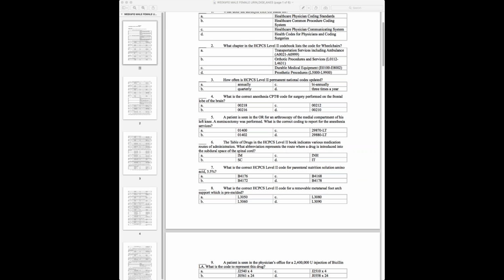Number 18, moving on. This one, I remember us going through that, right? So we spoke about the tonsils and adenoids and making sure you're paying attention to the age of the patient, whether they also had adenoids removed. So let's look at number 18. So a 7-year-old female presents to the same day surgery unit for a tonsillectomy.